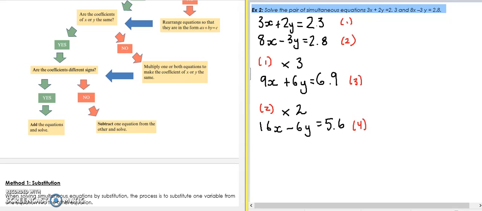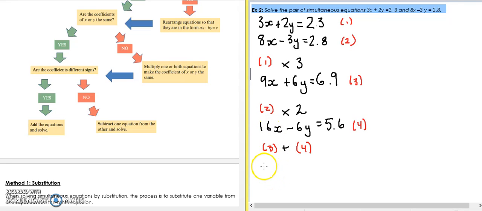So we're going to get equation 3 and we're going to add it with equation 4. You can see why the CASPAD calculator is a much more preferred method as opposed to this, because it is quite tedious. Okay, 9x, 16x, we're going to add these two together.